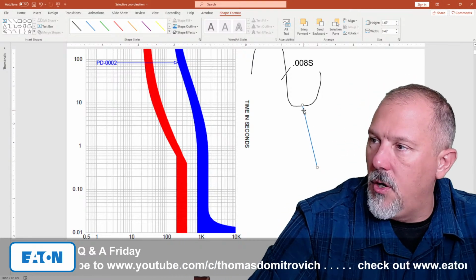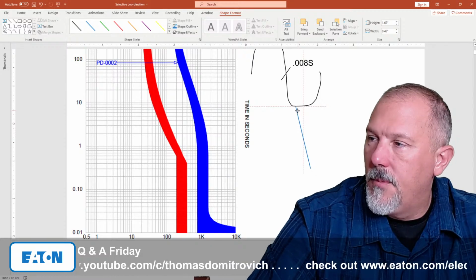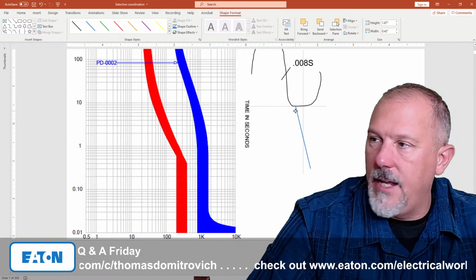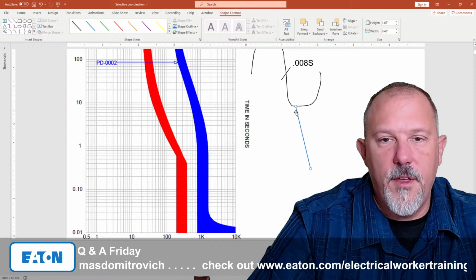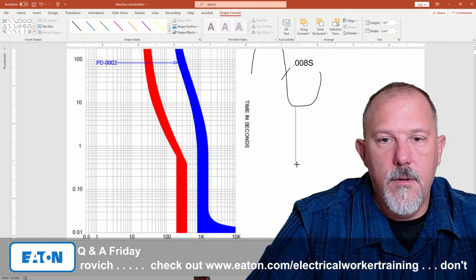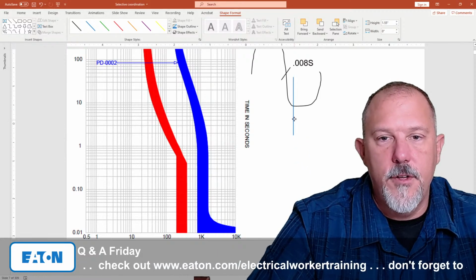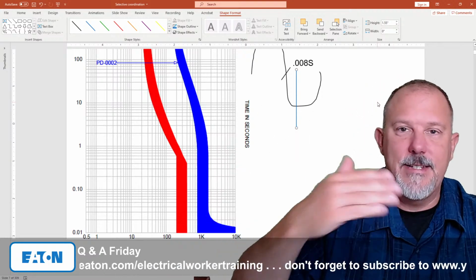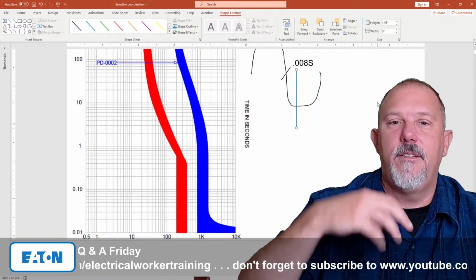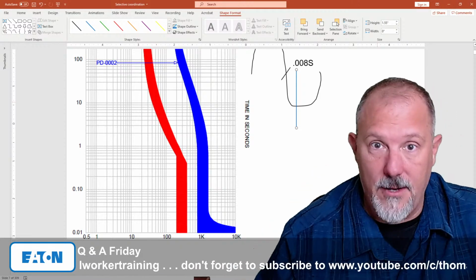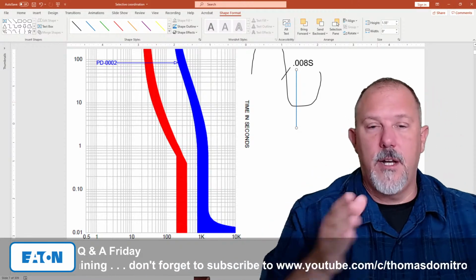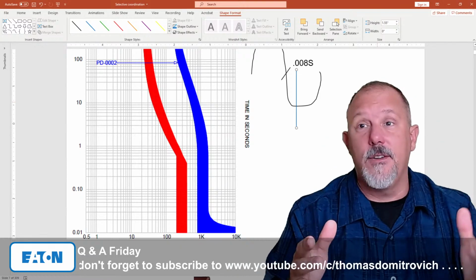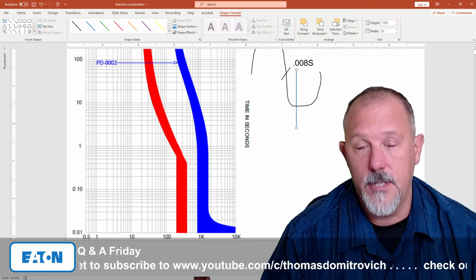So this is 0.012. You're probably right around in this area on the trip curve, and you're showing from here on in time. You're not capturing that first half cycle, definitely not, and a little bit past that. And the first half cycle is what's going to open these two breakers.